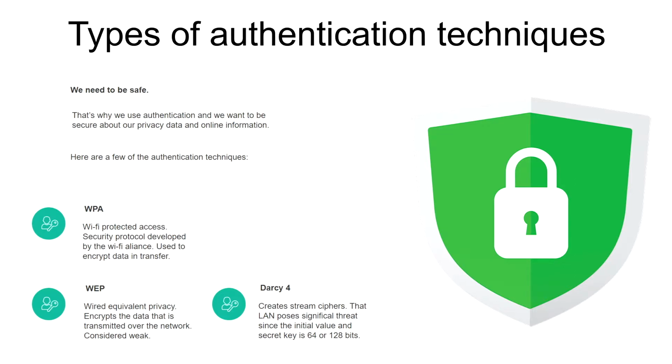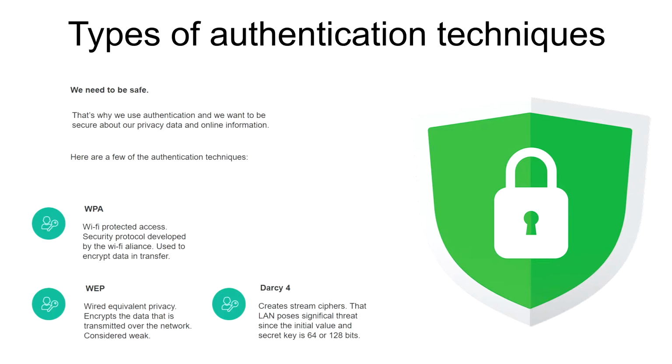Its goal was to basically provide the good level of privacy that wired networks have. WEP works by encrypting the data that is transmitted over the network in order to keep it safe from any attempts at eavesdropping. These days, the WEP authentication mechanism is considered weak and it shouldn't be used.